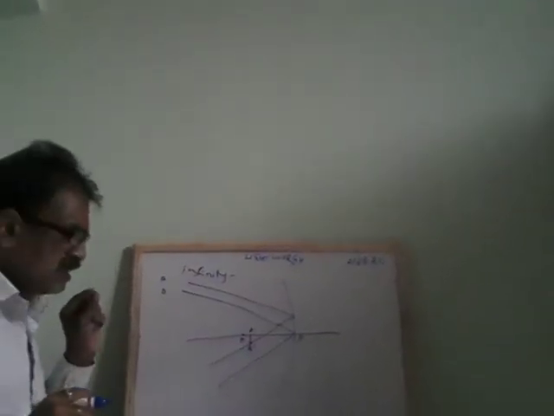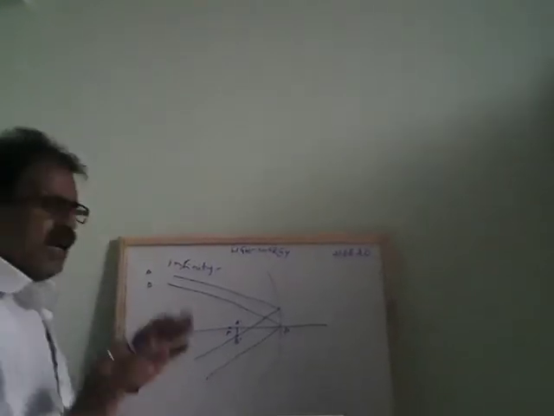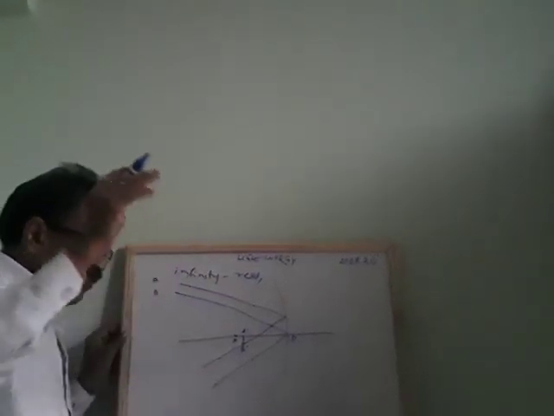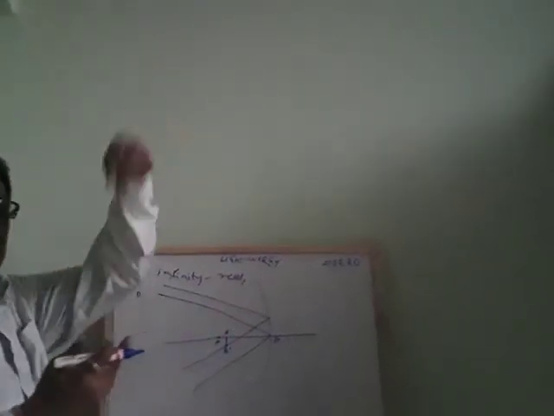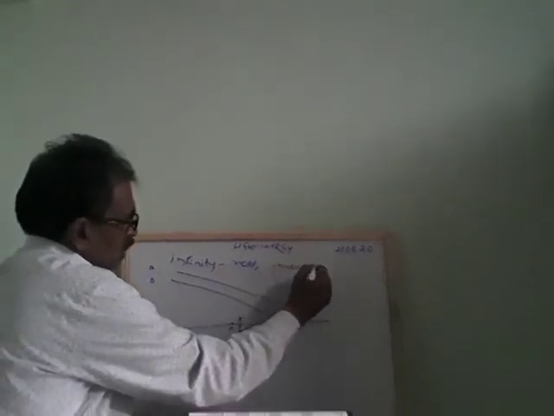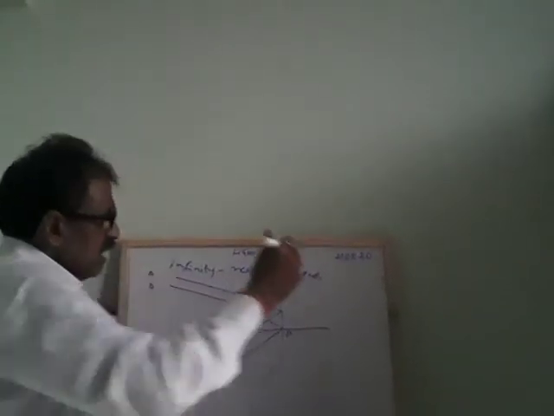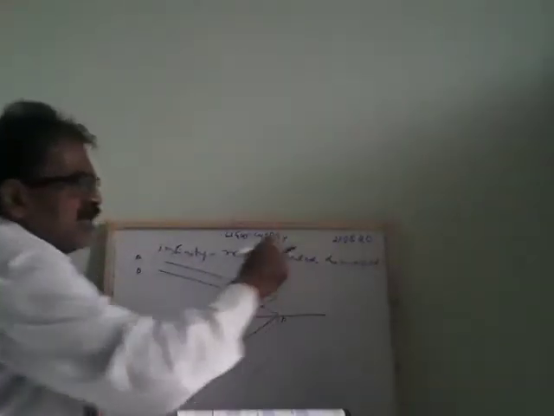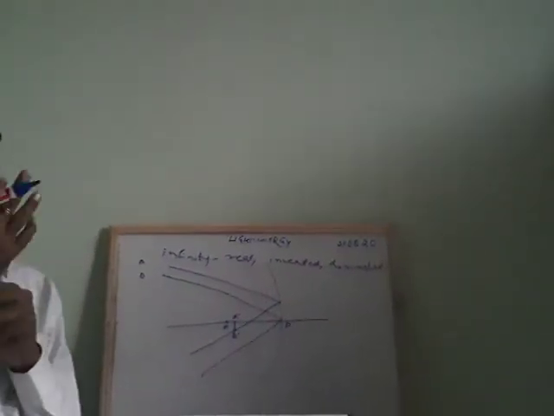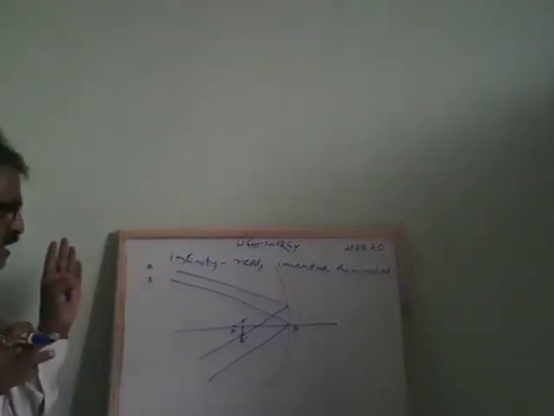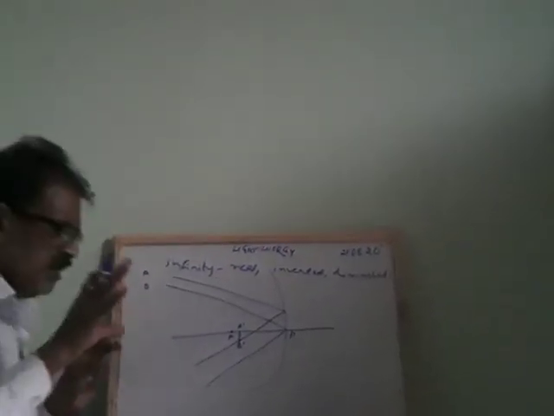The image is real, the image is inverted, and the image is diminished. What is diminished? Diminished means the image is not clear. It looks a little blurred because of the distance.